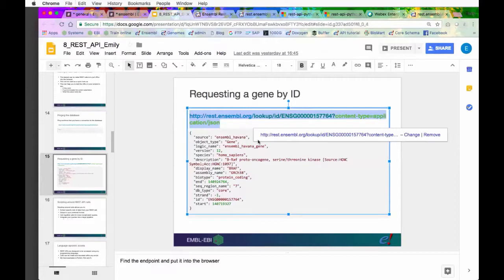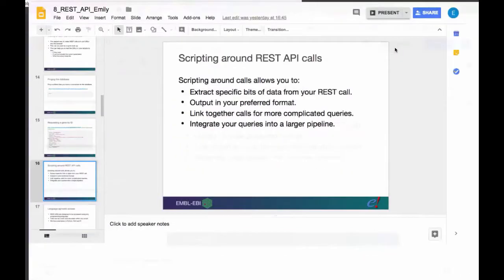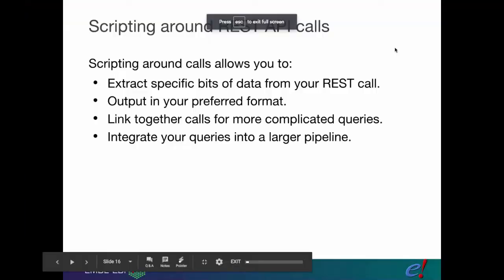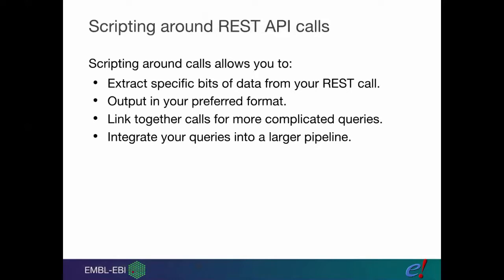And the great advantage of having it in this text-based format is that it can then work with scripting. Scripting allows you to extract specific bits of data from your REST call, to output in your preferred format, to link together calls for more complicated queries, and to integrate them into a much larger pipeline.